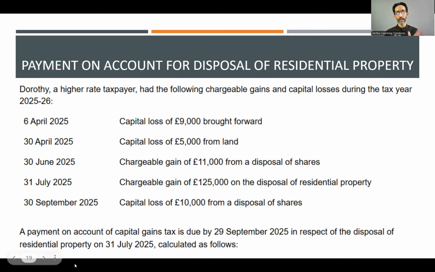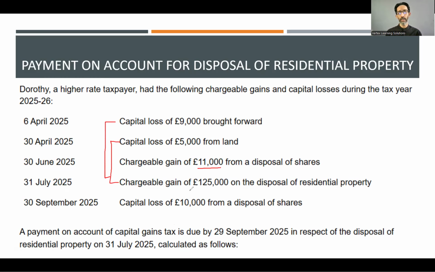When it comes to the calculation of the gain on the residential property, we are going to consider a few things. First of all, we net off the gain with this loss. Then there will be the annual exempt amount, and finally, the loss brought forward will also be given to the residential property. We will leave out this one separately, and the gain on the shares of 11,000 and the loss, we are going to net them off, so these will be treated separately.